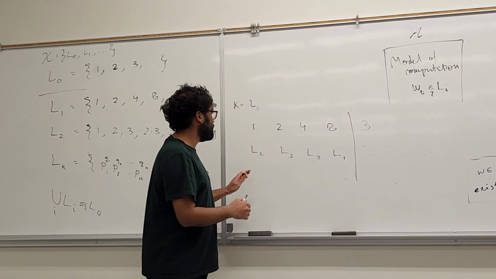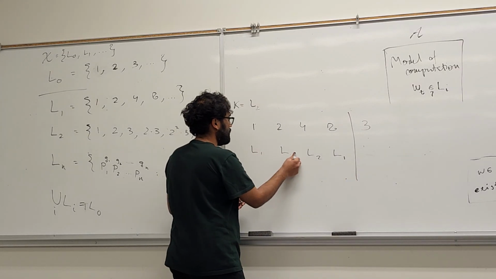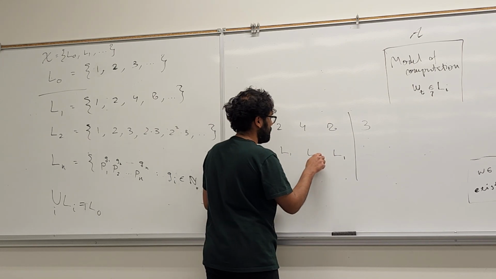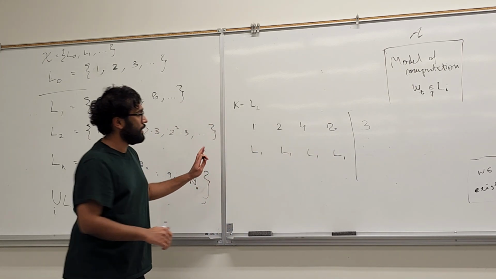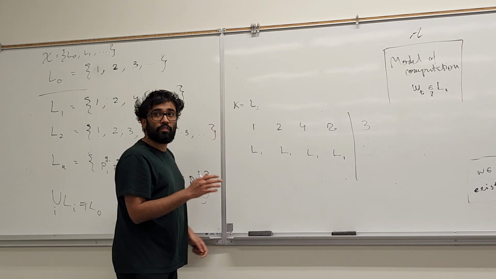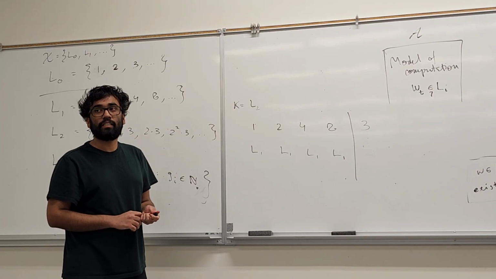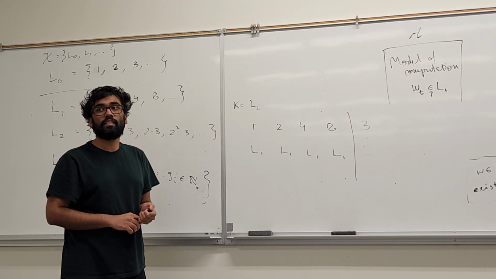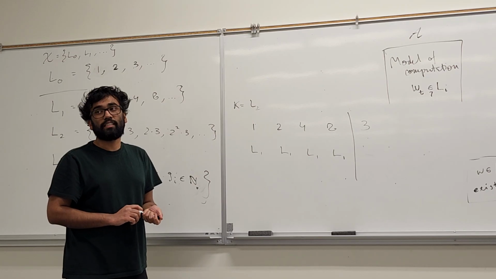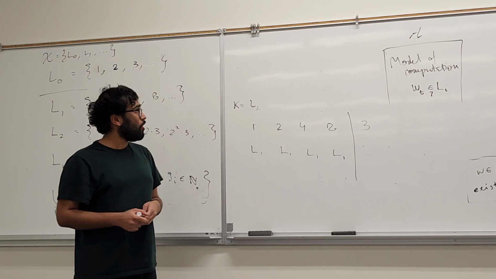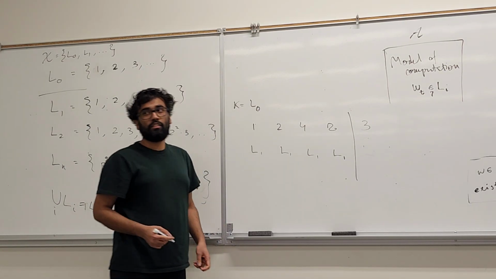Then you move to L2 as soon as you see something outside of L1. The moment you change from L1 to L2, I change to L2 as well, and I can keep following you. Yes, but in the end I'll say, oh, the true language was L0.